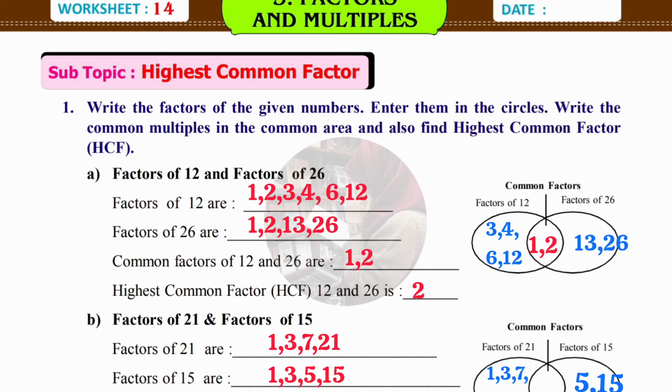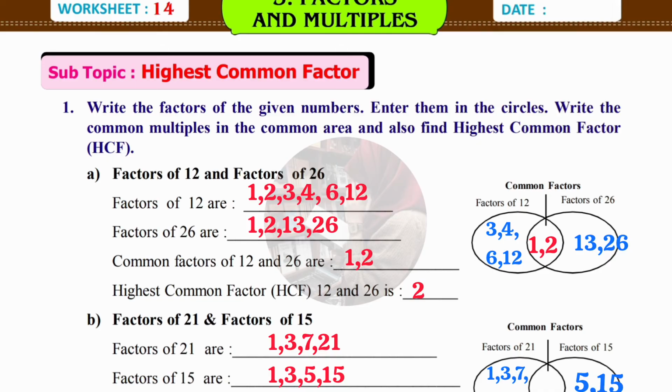You will understand it somewhat better than the first one. So first find the factors of 21. 21 is in the 1 table, the 3 table, the 7 table, and the 21st table. Like that, the factors of 15: 15 is in the 1 table, the 3 table, the 5th table, and the 15th table.